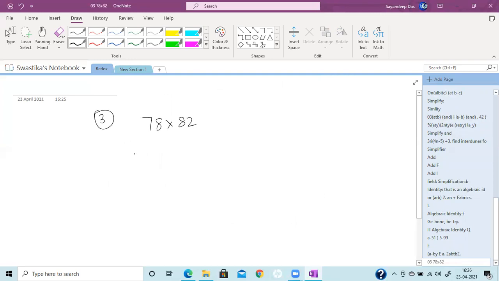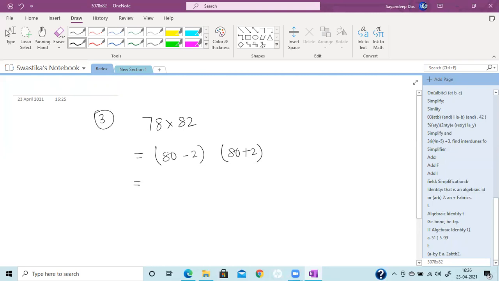How will we find this? For 78, the nearest number is 80, so 80 minus 2, 80 plus 2. You can find out the nearest number and then multiply and subtract the same number. 78 means 80 minus 2, into 80 plus 2.